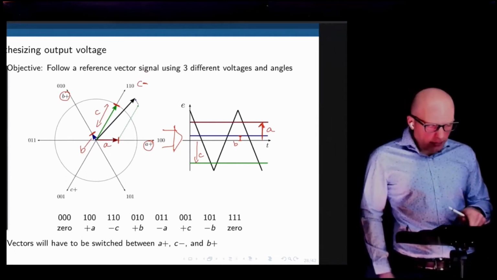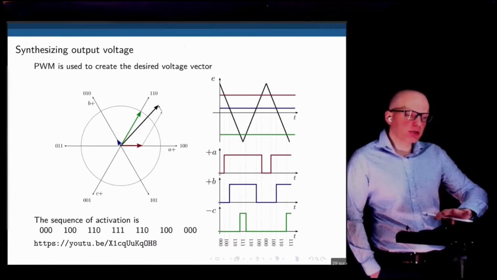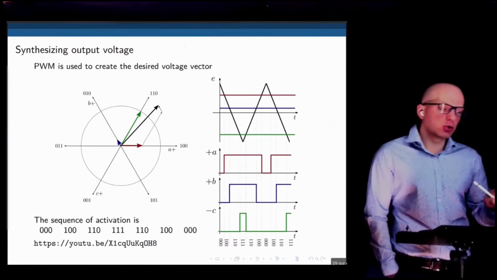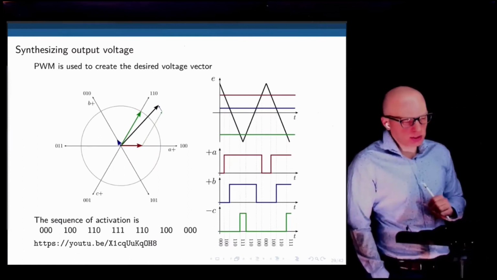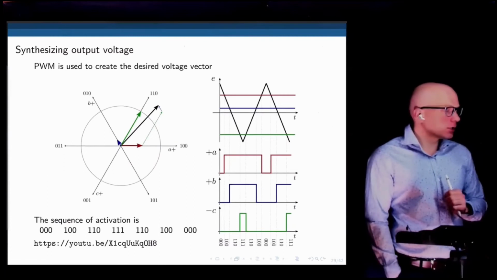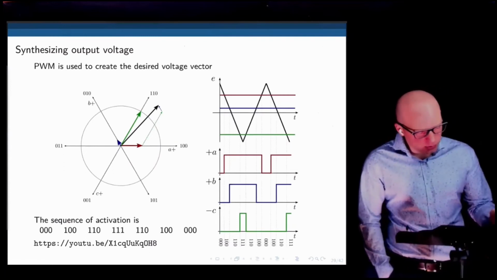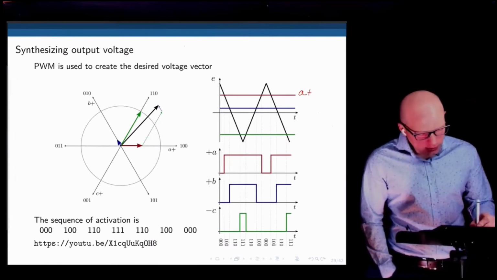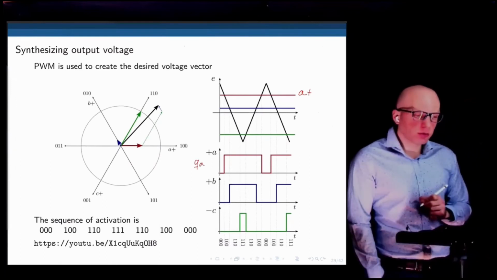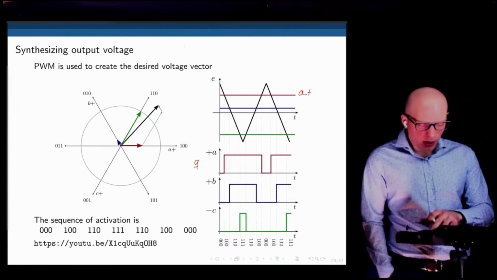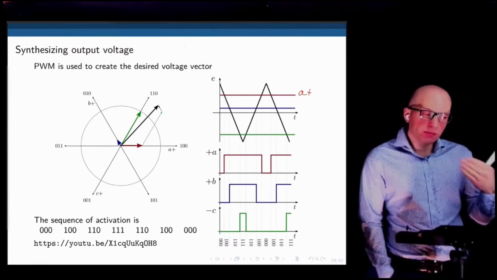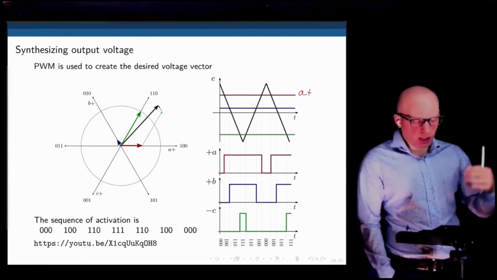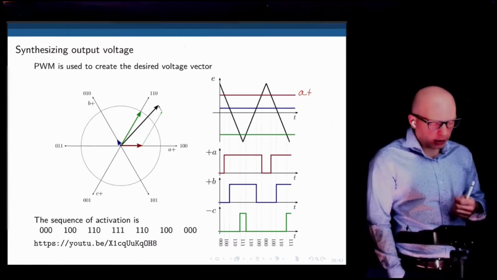So one step ahead now, once we have established the strength, the magnitude of all the signals and which ones we need, we can now do the comparison that we did before. Let's start with signal A plus. We are going to create a discrete gating signal QA that will correspond to A plus when all 3 transistors are activated.